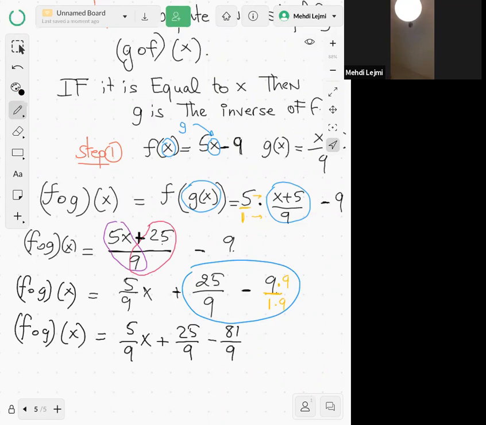All right, once you have a common denominator, you can subtract 25 minus 81. So this is equal to 5x over 9 plus, 25 minus 81, which is minus 56, over 9.